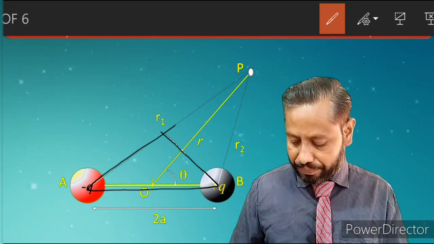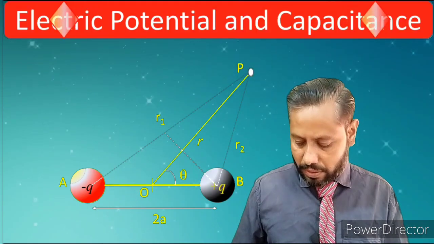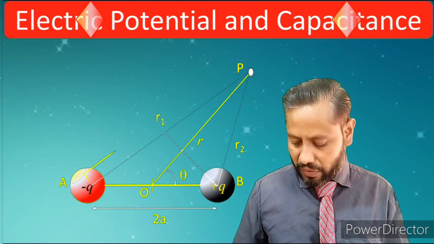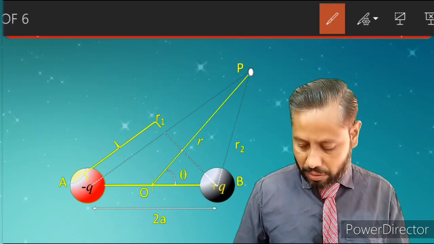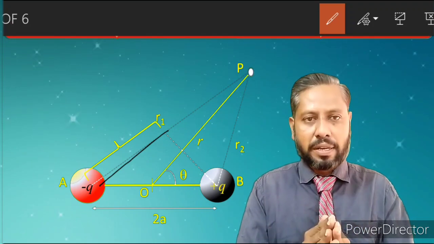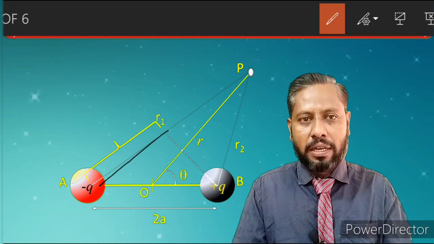Now what happens here? Let us try to estimate this distance, this portion. From vector theory you should be able to tell the answer.